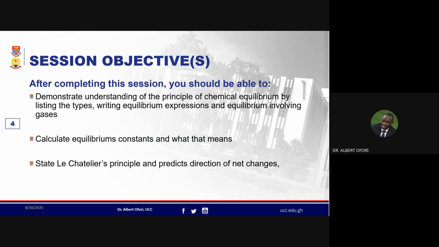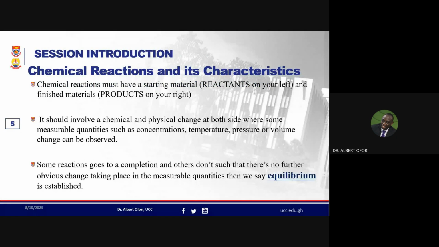Well, let's start then. So we are looking at chemical equilibrium. Where is this coming from? Basically, we are going to be looking at where the origin of chemical equilibrium starts from. Just as the name says, chemical and then equilibrium.